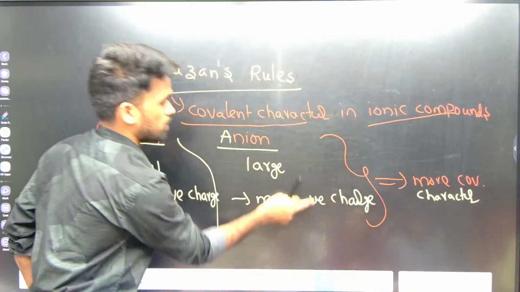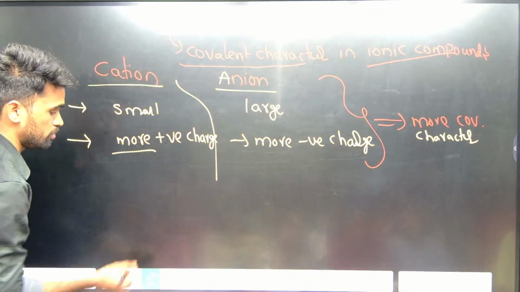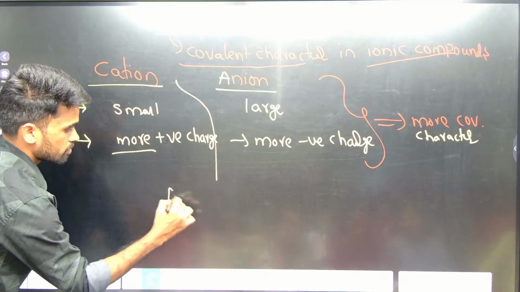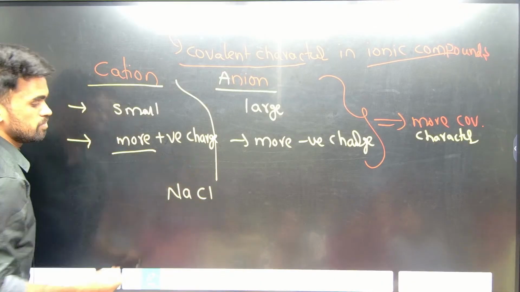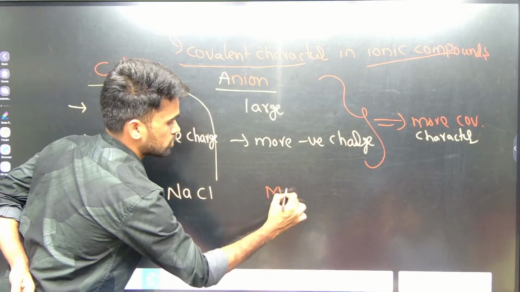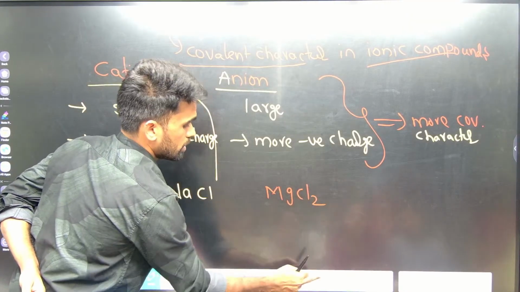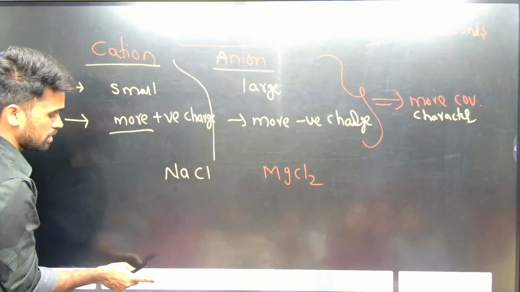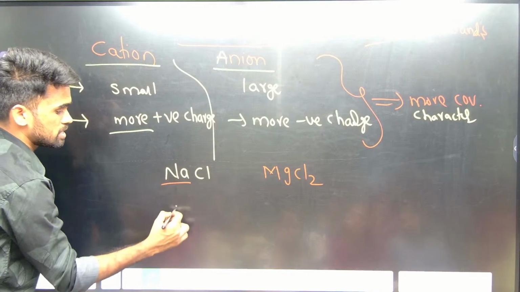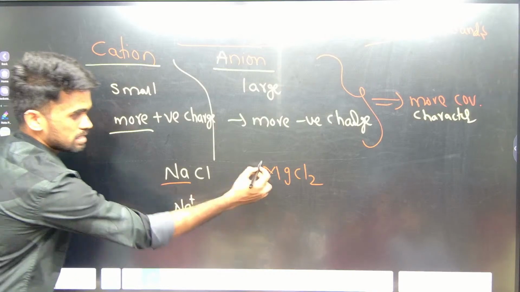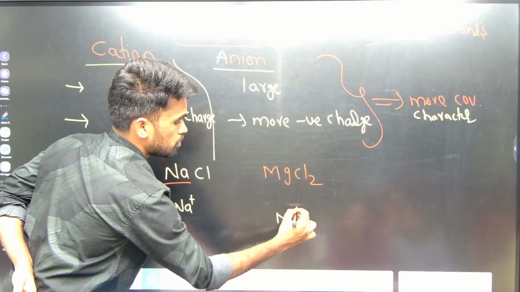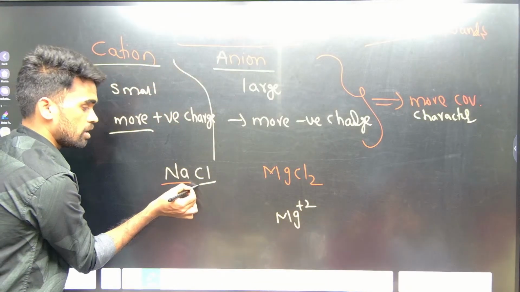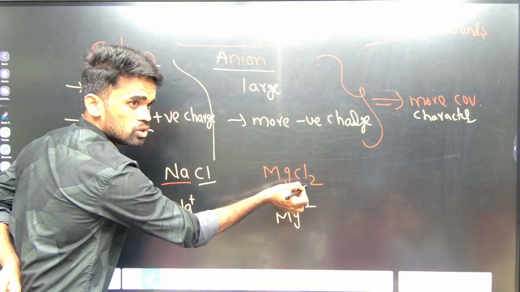The first example I will take is the one I wrote previously: NaCl, next MgCl2. First of all, sodium, what is the charge here? +1. Next, magnesium, +2. Here also it is the chloride ion only.